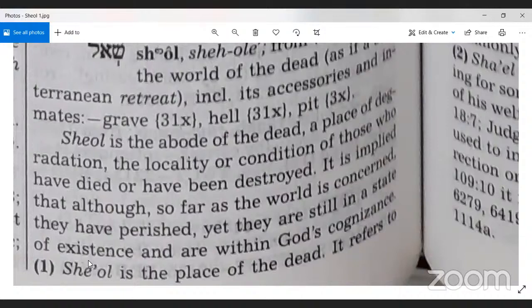And they're saying they still exist, meaning the true self, the decision maker, the first person I. The true self still exists. See, they exist and are within the Most High's cognizance.